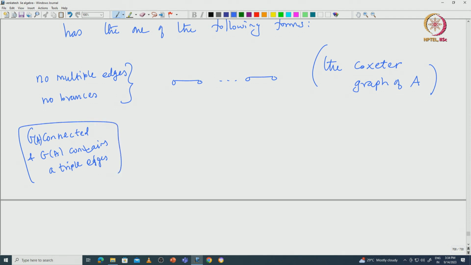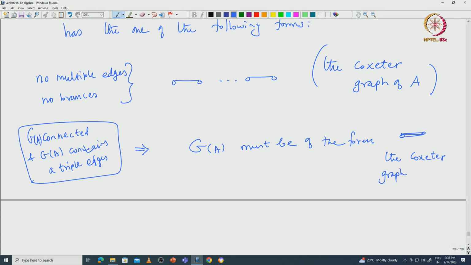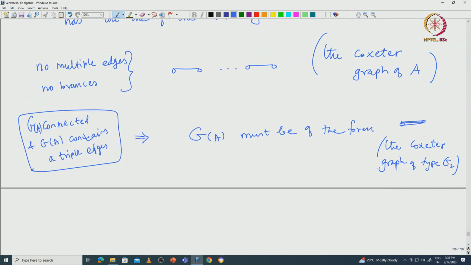Then we already observed that in this case G of A must be of just this form, the Coxeter graph of type G2. These 2 cases are fine.